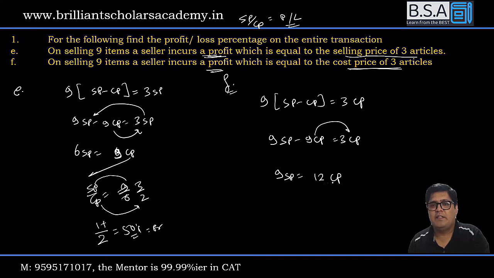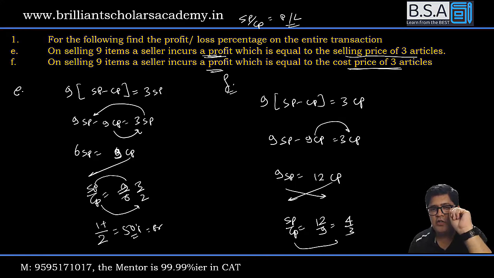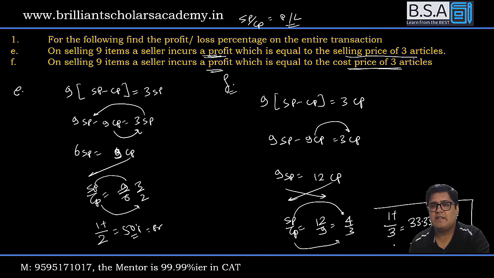CP will come below, 9 will go below. SP upon CP is 12 by 9, which is basically 4 by 3. What are we seeing? The cost looks like 3 rupees, the selling price looks like 4 rupees. What is the profit here? 1 profit on 3, which is 33.33% profit. That's our answer.